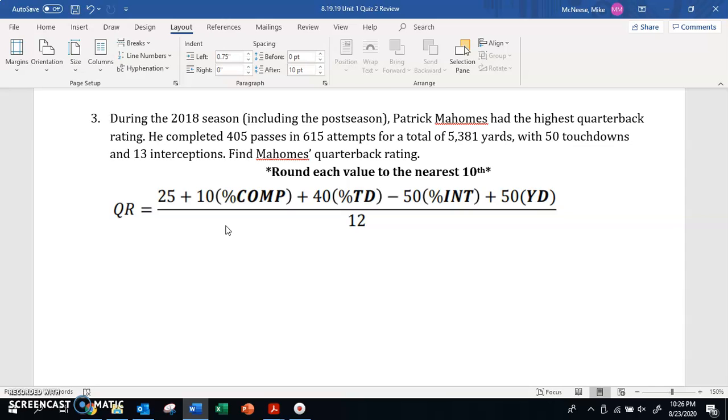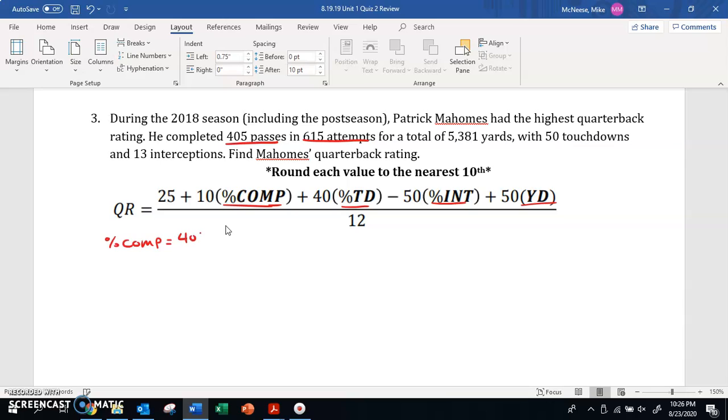So here's our formula. And remember, we need to find each of these values: percentage of completion, touchdown percentage, interception percentage, and yards. So for percentage completion, remember it's just completed passes divided by attempts.